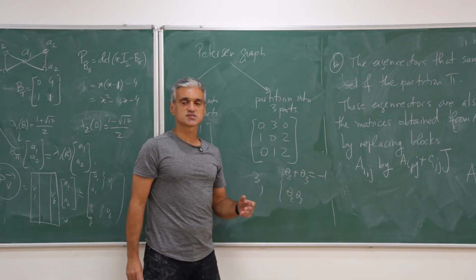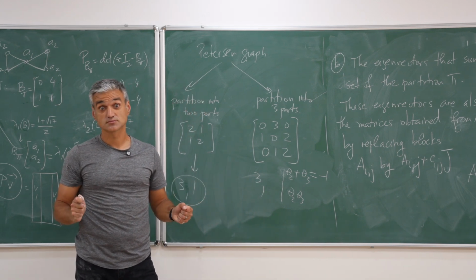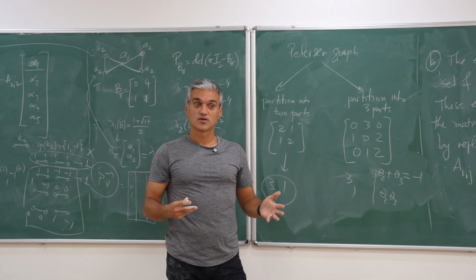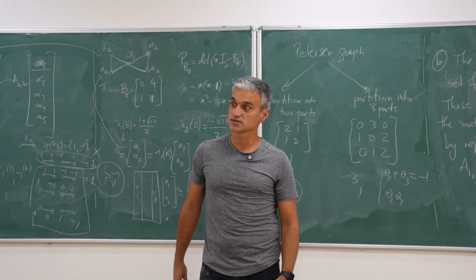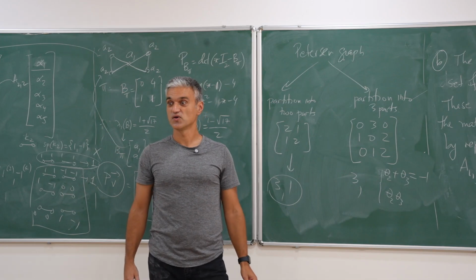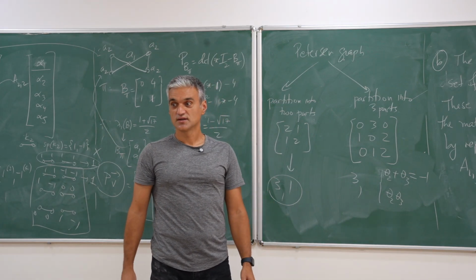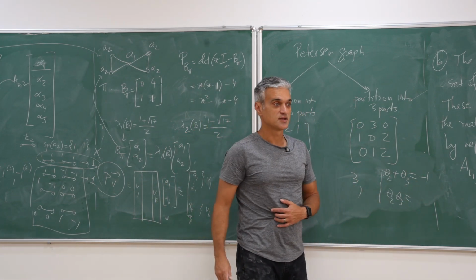what's the relation between the determinant of the matrix and the product of the eigenvalues? They're equal, or is there a sign? So you tell me what is theta 2 times theta 3.